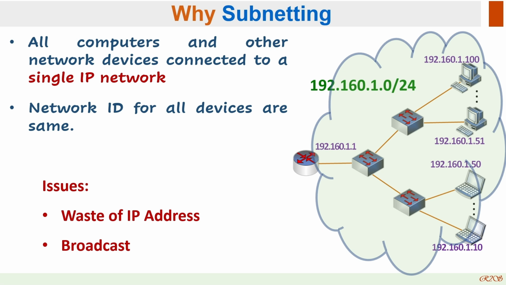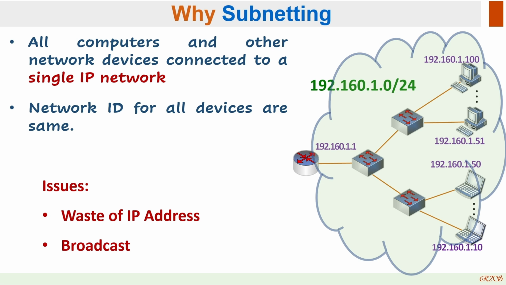And if the network is bigger, the whole network is one broadcast domain. Any device sends a broadcast message, and that broadcast message goes to all the devices in the network. By doing the subnetting, we can reduce the scope of the broadcast, and that improves the performance of a network.